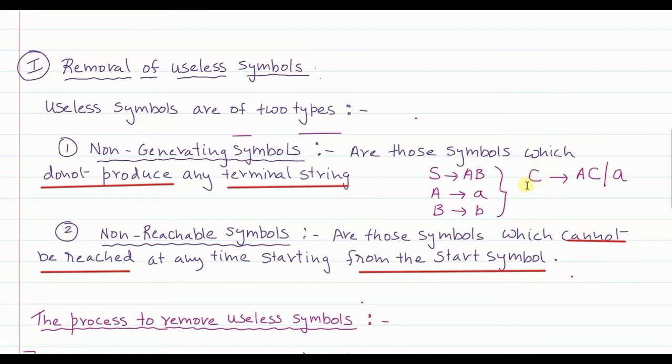But now C is not generating because this term is not there, right? Similarly, this S, which is a start symbol also, suppose S was also having another production, say S gives a, then I would have said that this S is also a generating symbol.